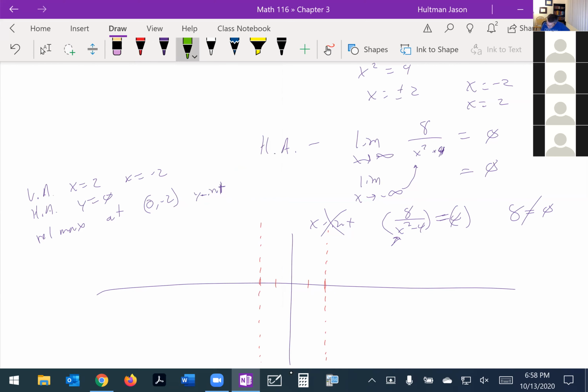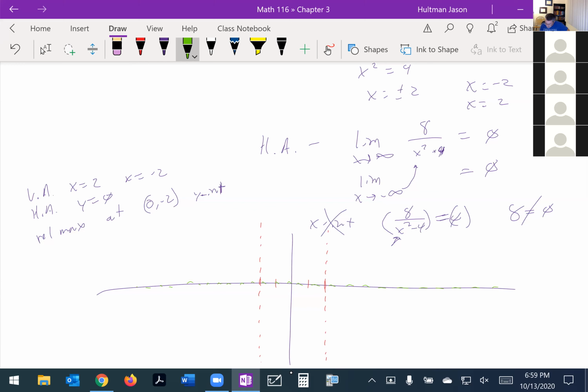Let's get green, and y equals 0 is my horizontal asymptote. So I basically have 6 different fields that I could be in for my graph.